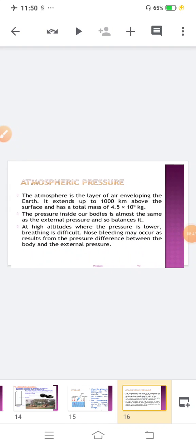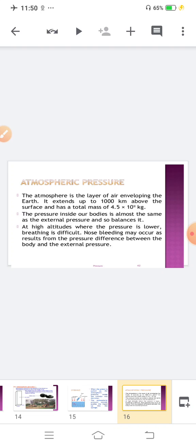The atmosphere is a layer of air enveloping the earth. It extends up to 1000 km above the surface and has a total mass of 4.5 into 10 to the power 18 kg. The pressure inside our body is almost the same as the external pressure. Clear? Whatever pressure is present inside us is equal to the external pressure, so it is balanced.